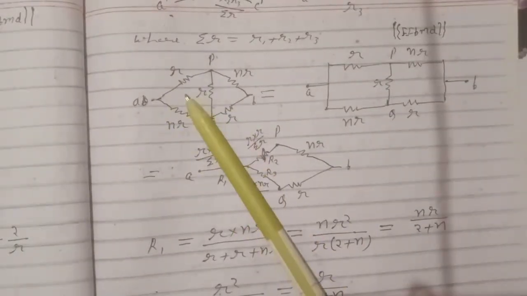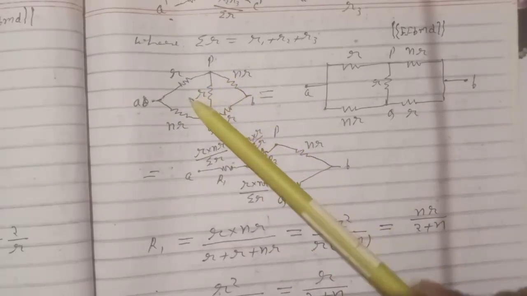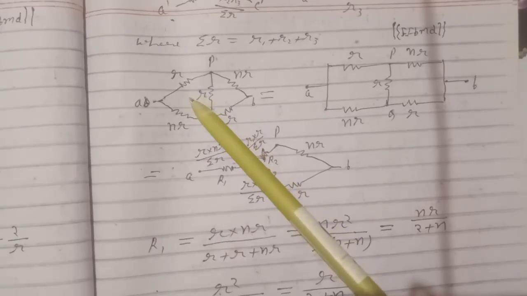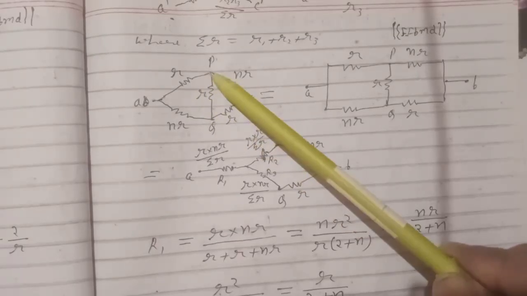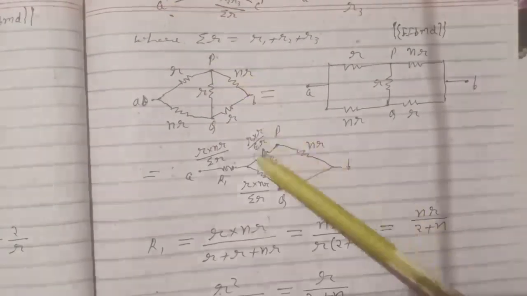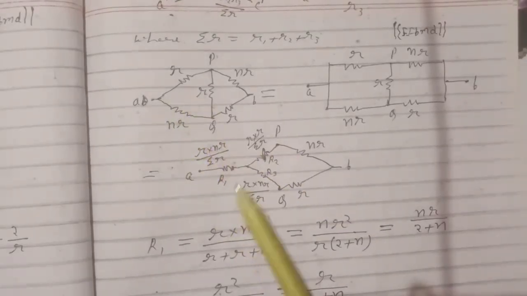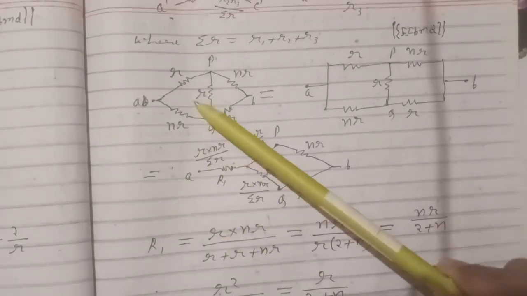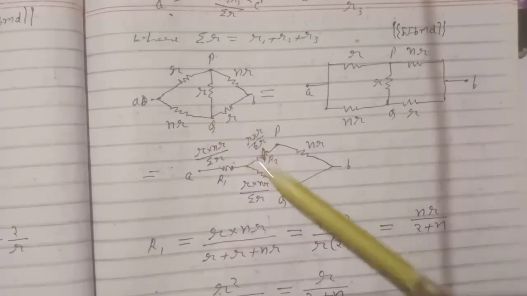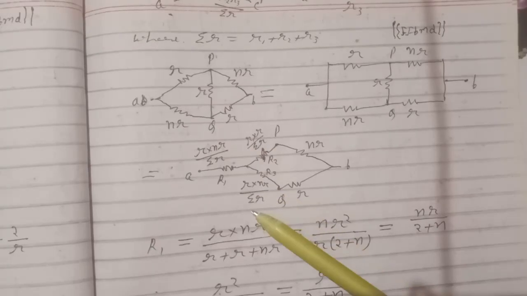So for it, we take a point in between here, and these two resistances will be transformed into a single resistance whose value will be R into NR by sigma R. Again, these two will be transformed into a single resistance whose value will be R into NR by sigma R, and these two resistances will be transformed into a resistance of value R into NR by sigma R. So we have three resistances.